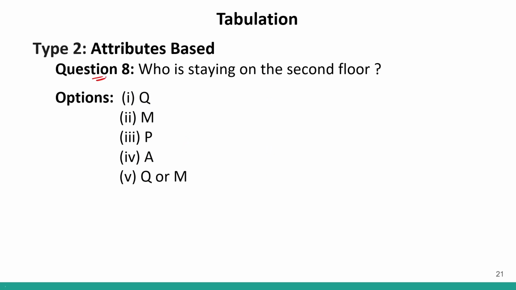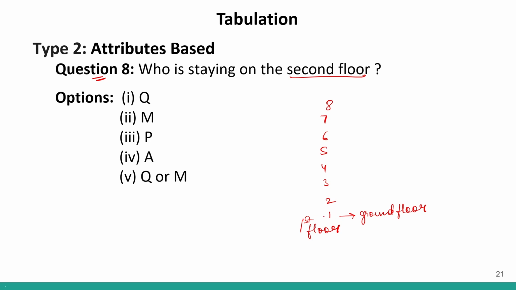Coming to question number 8. Question number 8 asks, who is staying on the second floor? So this you have to remember, okay? The floors were numbered like this: 1, 2, 3, 4, 5, 6, 7, 8. This was the ground floor, correct? Ground floor was called the first floor in the arrangement. So now 2 concepts are there.